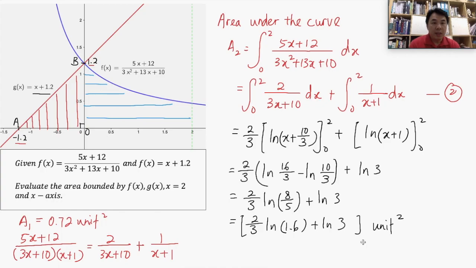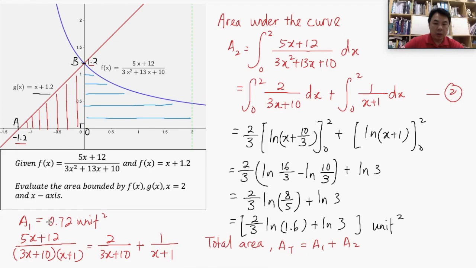But anyway, don't get too excited with the integration. We still have to finalize the total area bounded by the straight line, the curve, and the x-axis, together with the vertical line x equal to 2. So the total area that we need to answer in this question, labelled as AT here, is basically A1 plus A2.